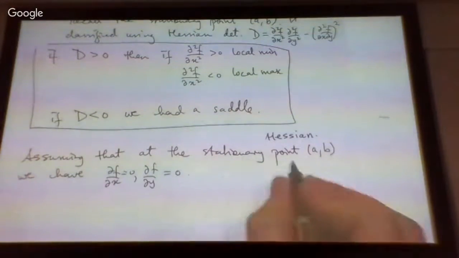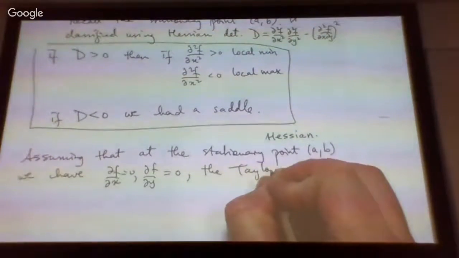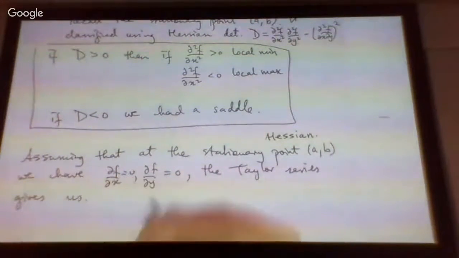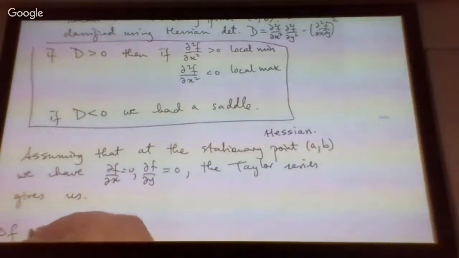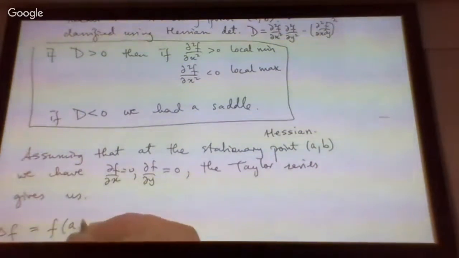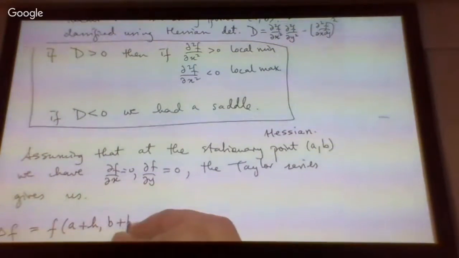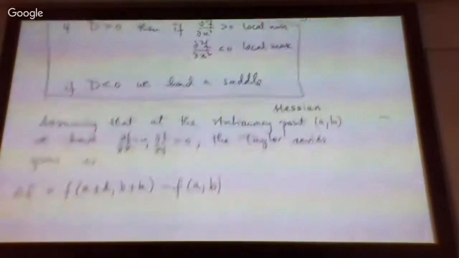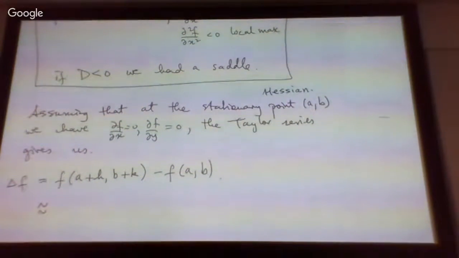So assuming that these first order partial derivatives vanish, the Taylor series gives us that delta f, so by delta f we mean the value at the nearby point minus the value at the base point itself.